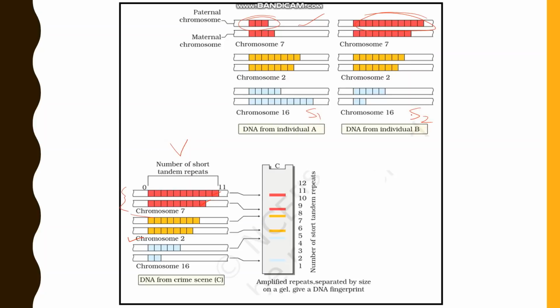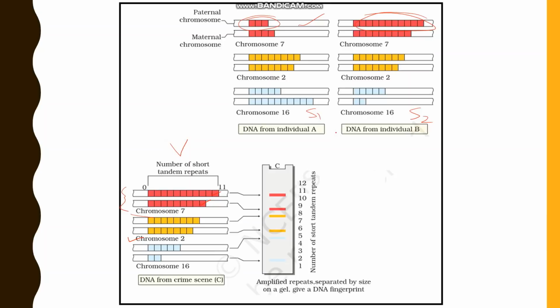It varies. Now, after the isolation of this DNA, the VNTRs are removed. They are converted into single stranded, then transferred to the nitrocellulose sheet, followed by hybridization, then the X-ray photograph.